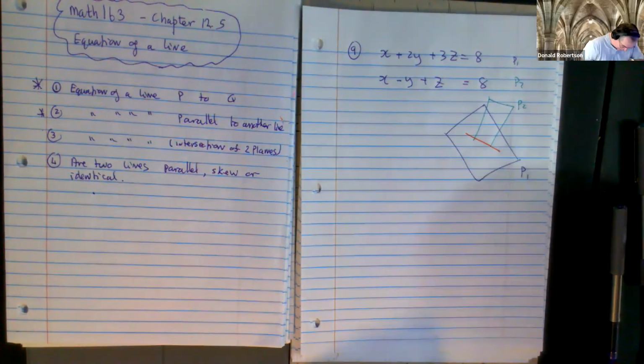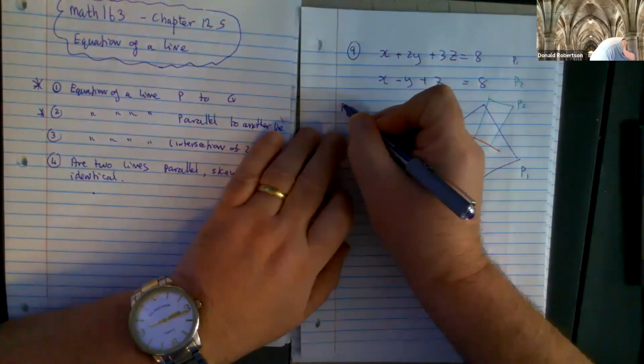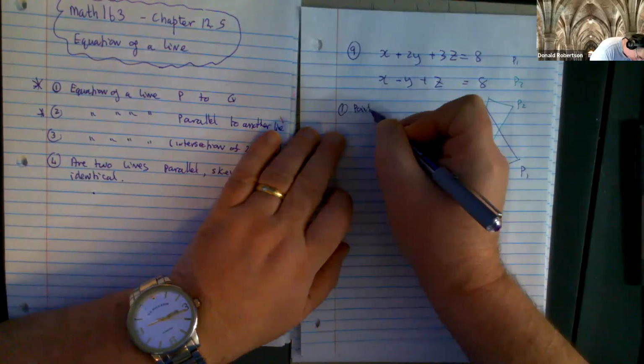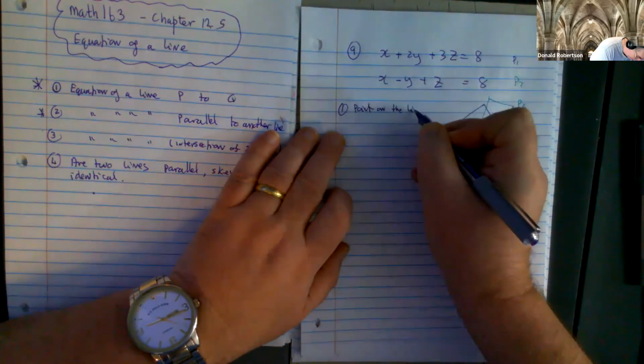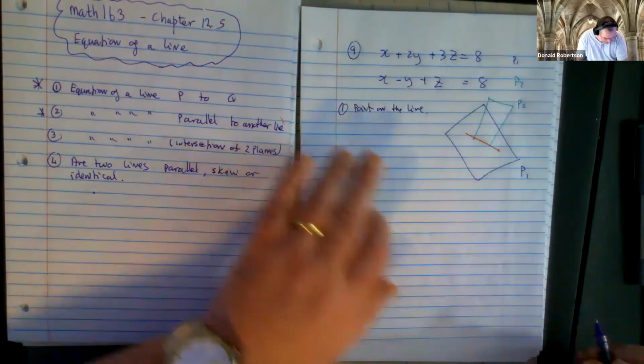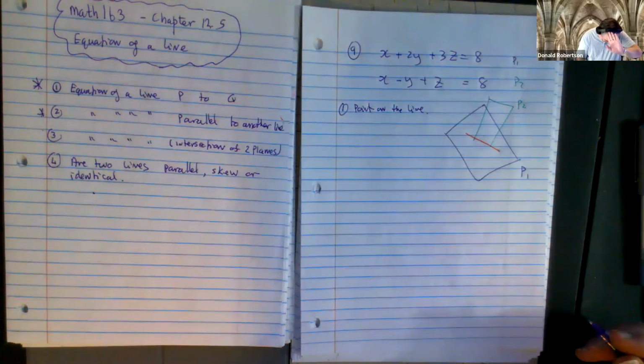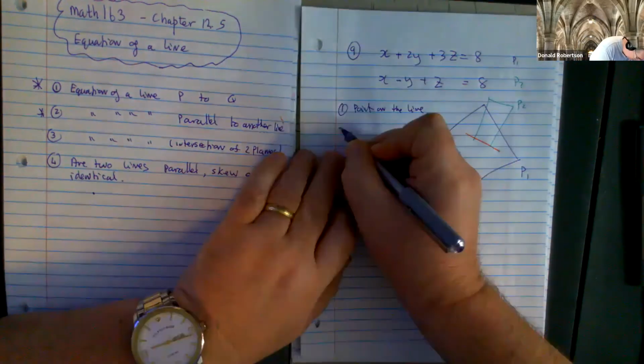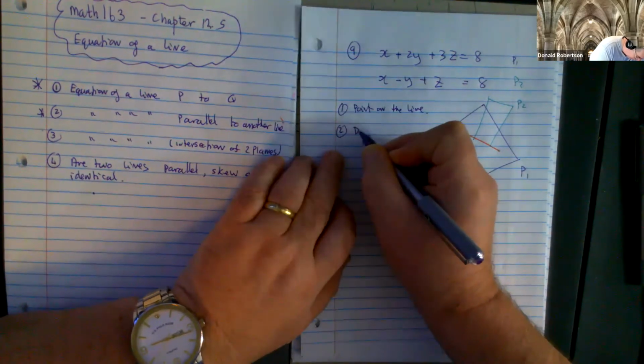I need two things. I need a point on the line. I don't care what the point is. I just need a point on that line. Any point will do. And secondly, I need a direction vector.